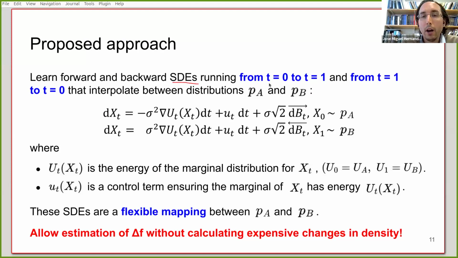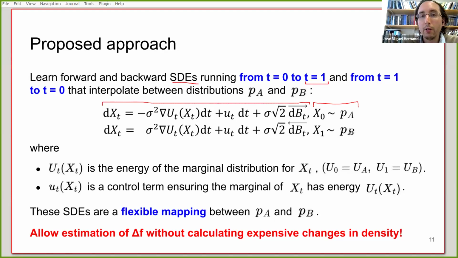Okay, we're going to have this stochastic differential equation that is going to start at a sample here from the first distribution A, and it's going to be given by this expression, and is going to drive the sample towards a region of space at time 1 that has high overlap with the probability of P.